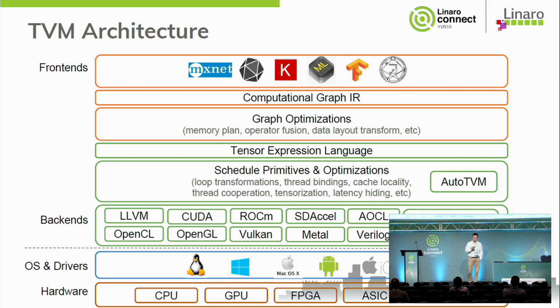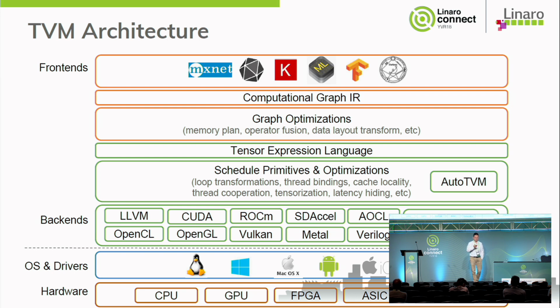There is a very cool design called the VTA accelerator, an open accelerator stack, which I will introduce on a later page. From the OS side, you can use Windows, Linux, or Mac OS as the host OS for TVM development. And for deployment, we support Android, iOS, and Linux.